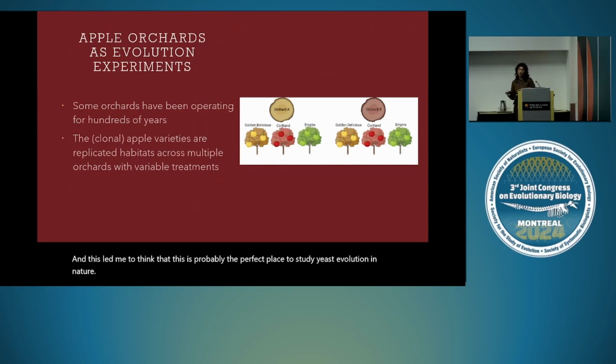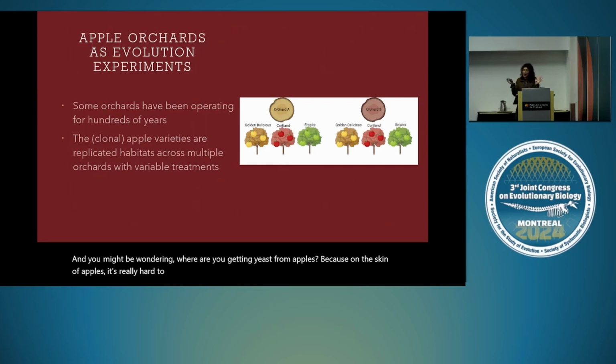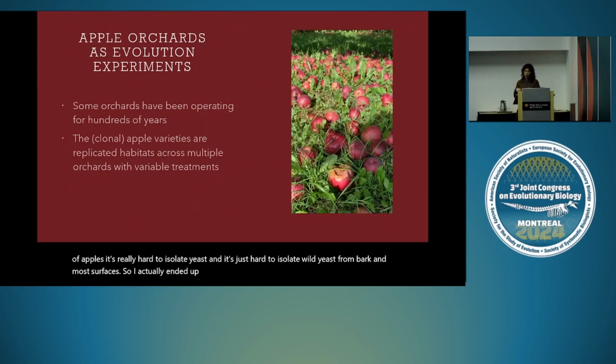And you might be wondering, where are you getting yeast from apples? Because on the skin of apples, it's really hard to isolate yeast, and it's just hard to isolate wild yeast from bark and most surfaces. So I actually ended up looking below the trees. And below the trees are apples that have fallen, gotten punctured, and are open for yeast activity because the yeast loves sugar.